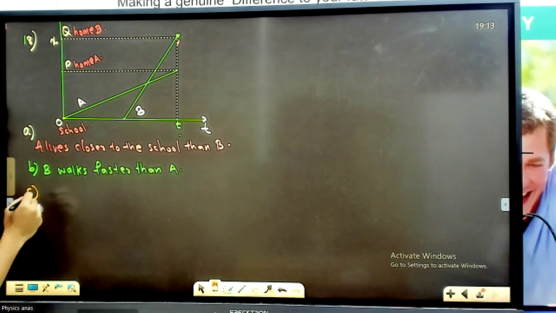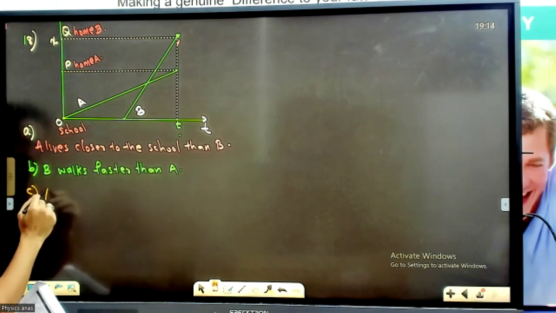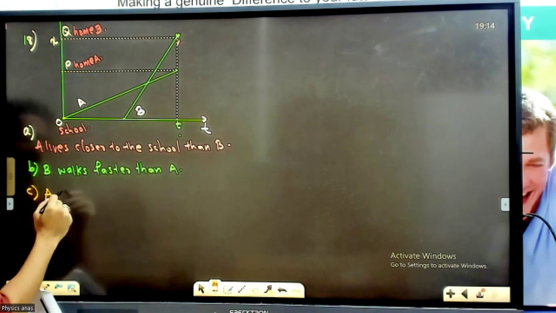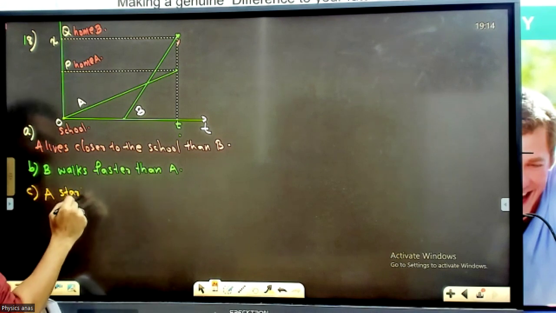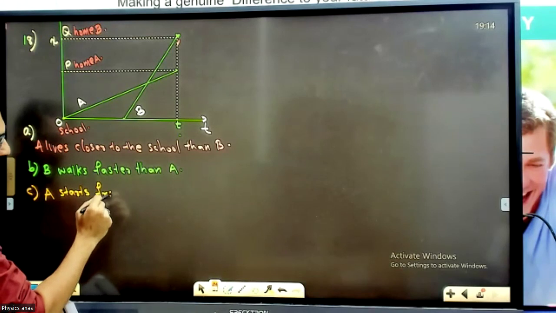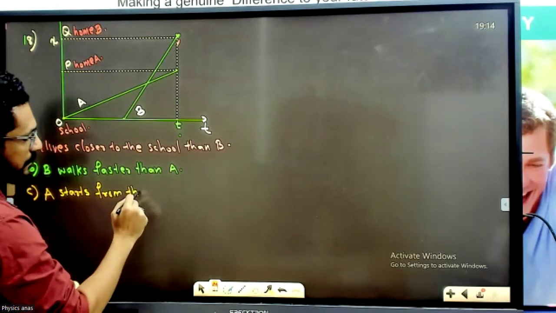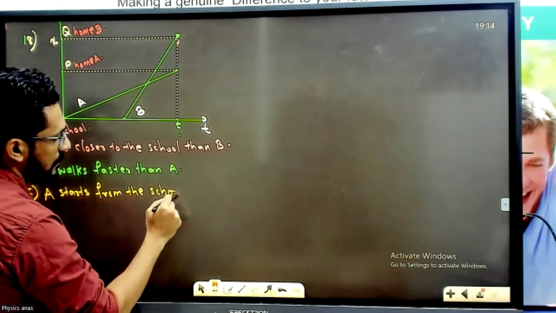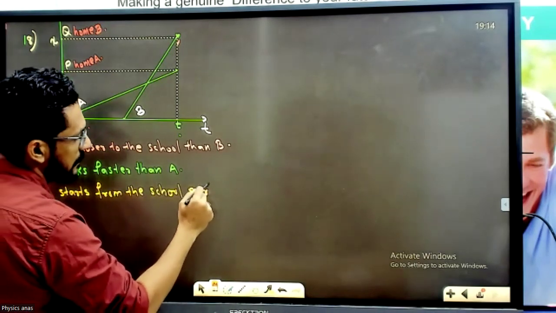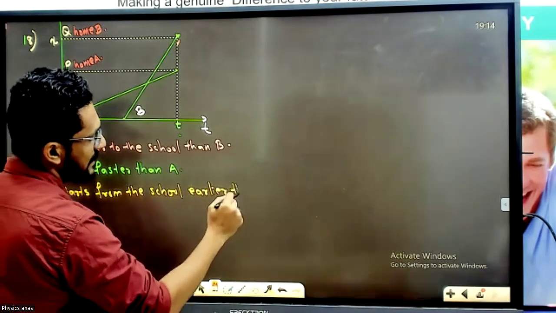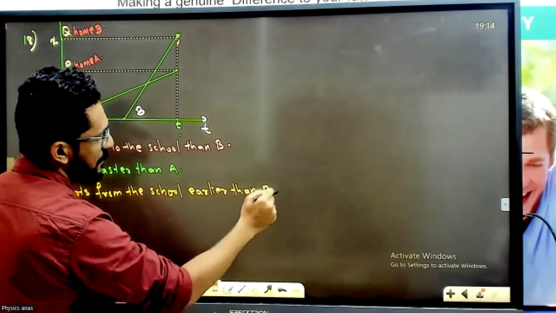A is starting from the school earlier. So you can write it like this: A starts from the school earlier than B.